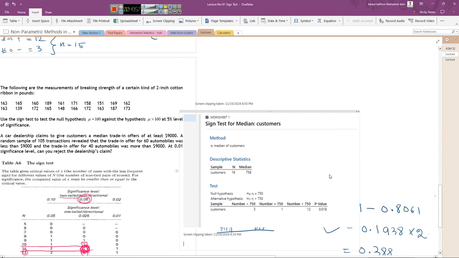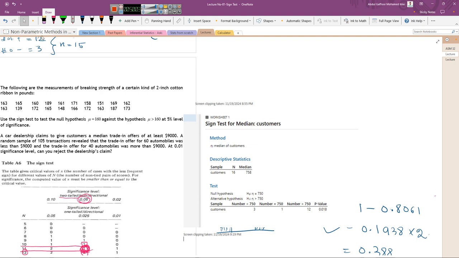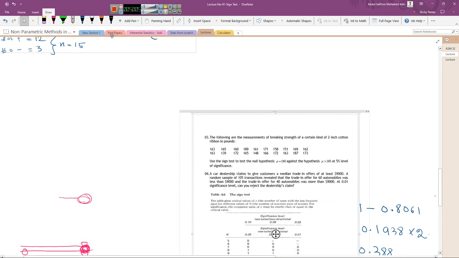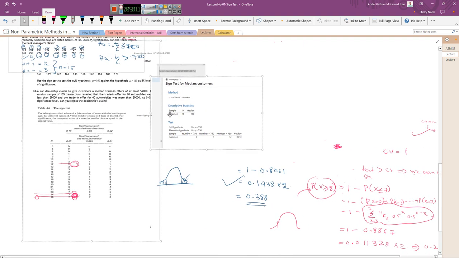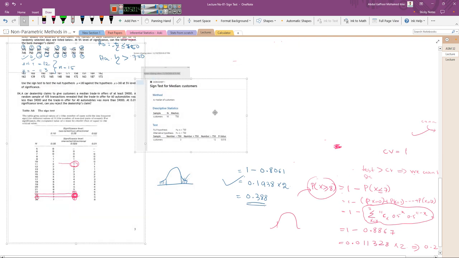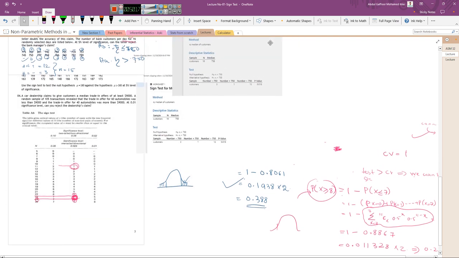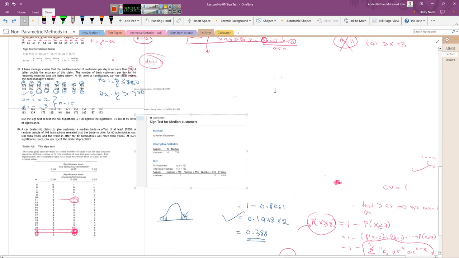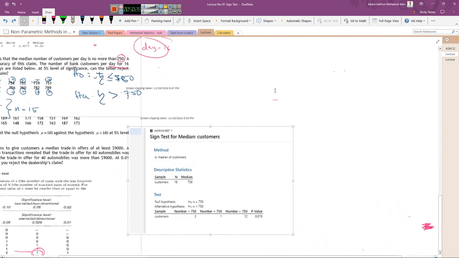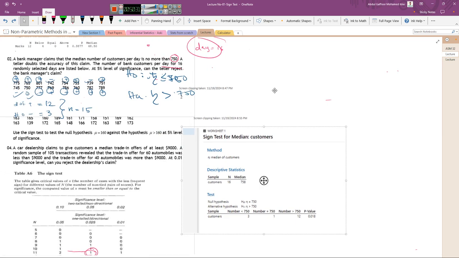Right, so you can see here, this is the sign test for median. The data set is customers and eta represents the median of customers, with our descriptive statistics.